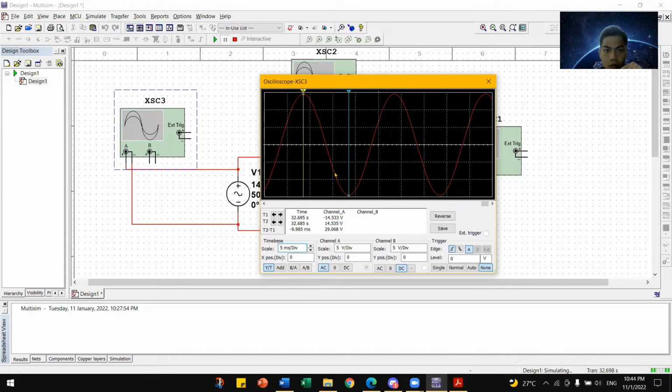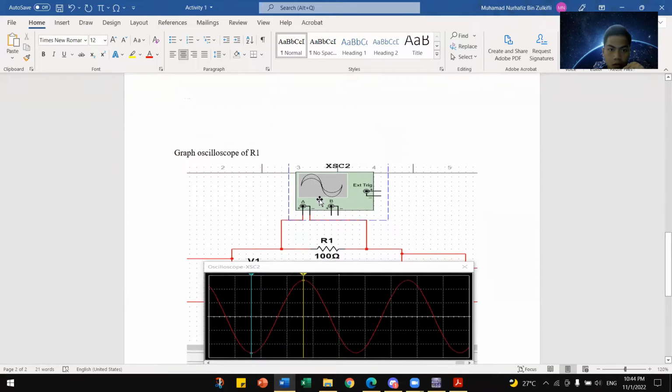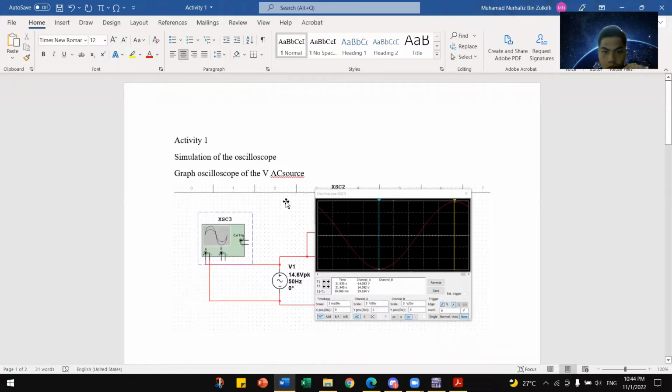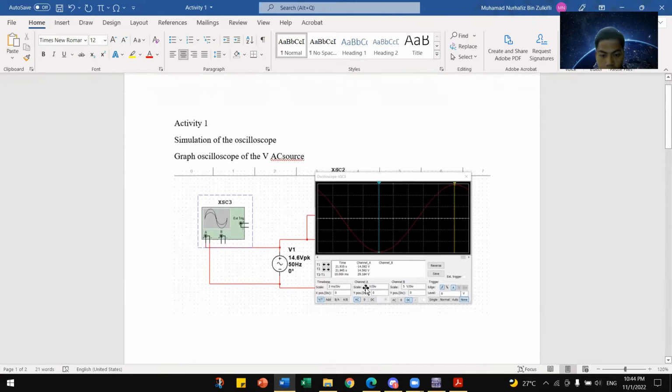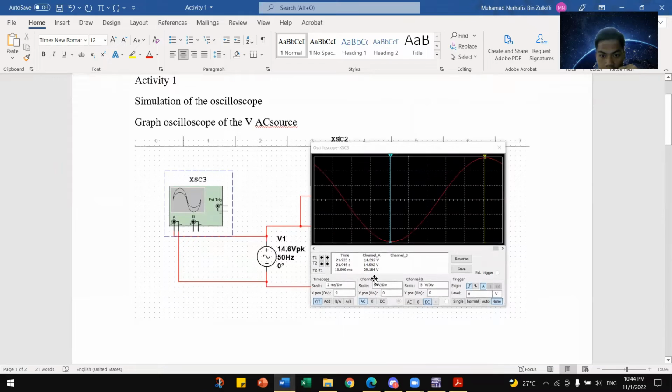So this is how I get the VP for the VAC source. I got the value of 14.592 volts for the positive side and for the negative side.